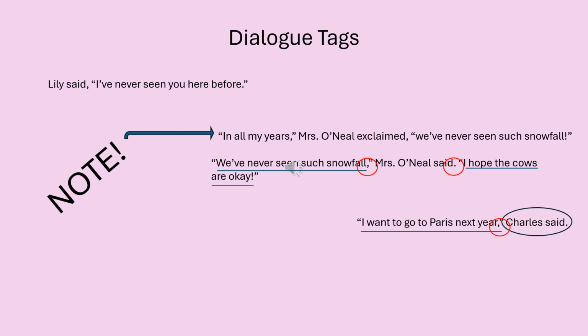If you're using a stronger verb, it might change how the sentence is read or understood by your reader, which is good to keep in mind. But in general, I just wanted you to notice that there are two different ways of interrupting what someone has said with a dialogue tag, depending on whether you're interrupting one sentence or you're interrupting a series of sentences.